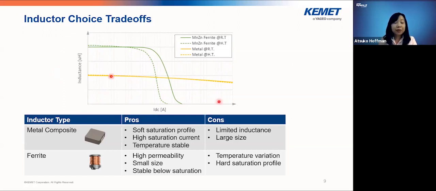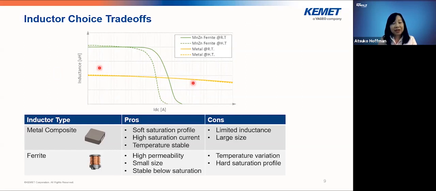Therefore, we have a high saturation current capability in the metal composite inductor. If you look at this graph, the solid line is for the room temperature data, and the dotted line is for the high temperature data. As you can see, there's not much change in inductor performance between room temperature and high temperature.